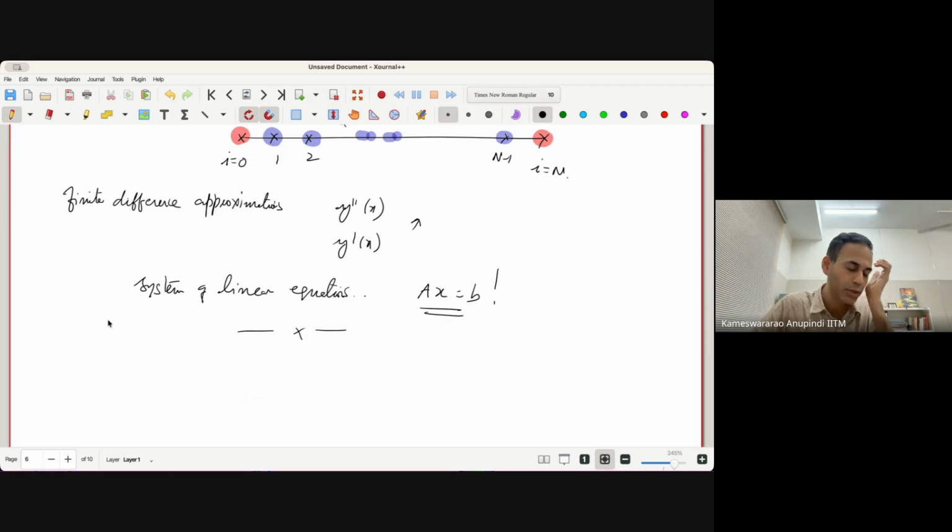Okay, so the agenda for tomorrow is to finish this direct method for boundary value problems and then look at the solution to partial differential equations. Okay, so that is for tomorrow. I'm going to stop here, and if you have any questions, feel free to ask me.